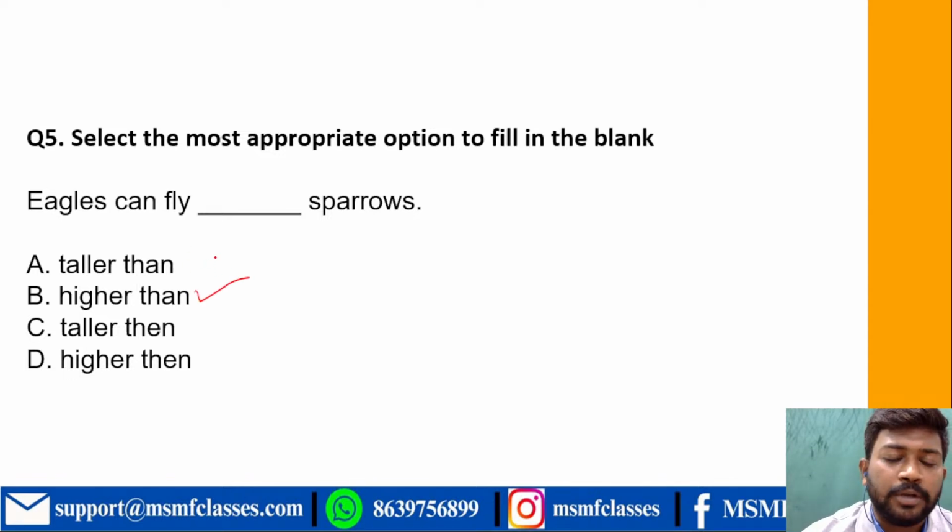Taller is the word which speaks about the size actually. Tall speaks about the size, but here we are not speaking about the size. Here we are speaking about the peak point. So automatically higher is the answer.